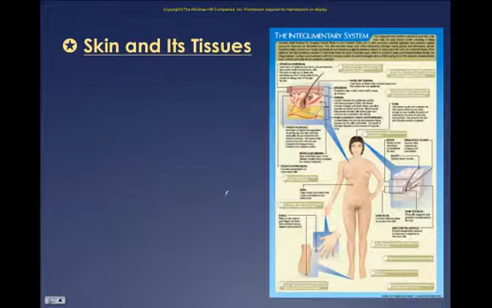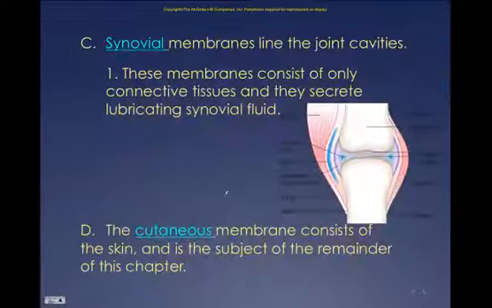And then, I'm sorry, we have our last membrane, and this is where we're going to spend the remainder of our time: the cutaneous membrane. The cutaneous membrane is the outer membrane that consists of the skin. So the skin is more formally called the cutaneous membrane.